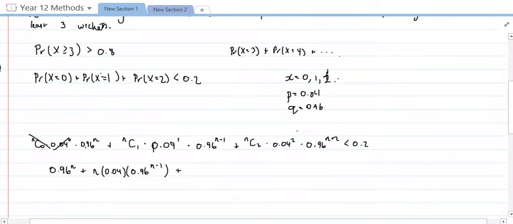And then we're adding on, now this is not going to be nice, so I might actually just leave that part as it is, nC2 multiplied by 0.04 to the power of 2 multiplied by 0.96 to the n minus 2. And we want that to be less than 0.2.